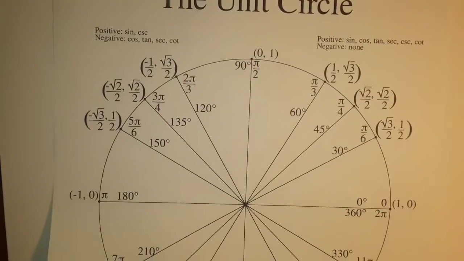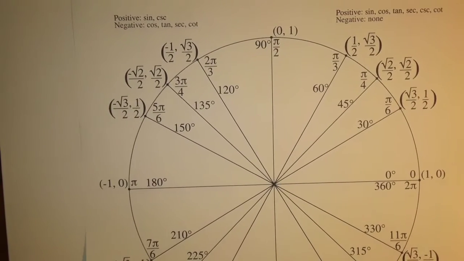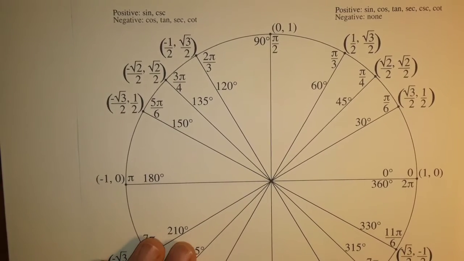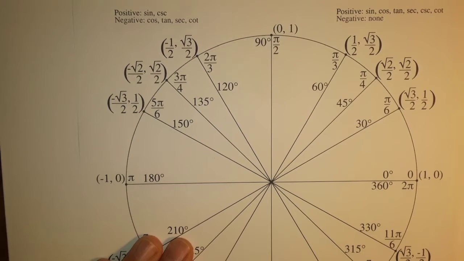But also, I would like you to look at the unit circle to try to find where the sine is negative, right? Because this is negative square root of 3 over 2. Where is it negative?